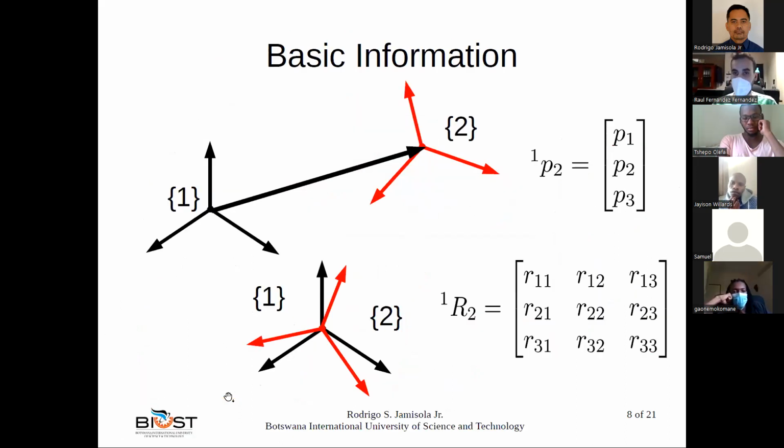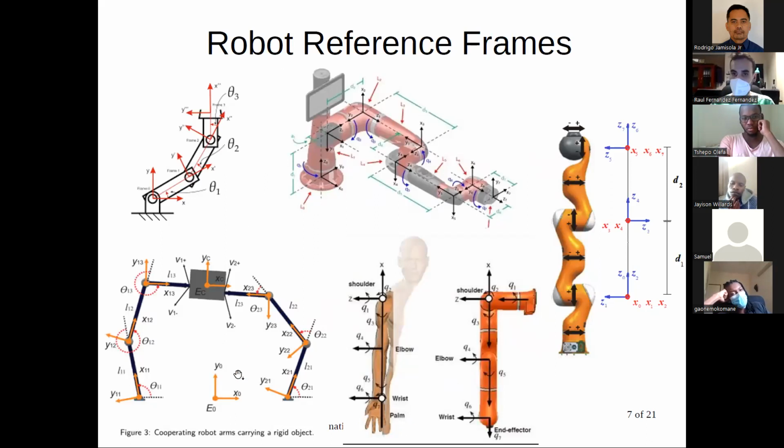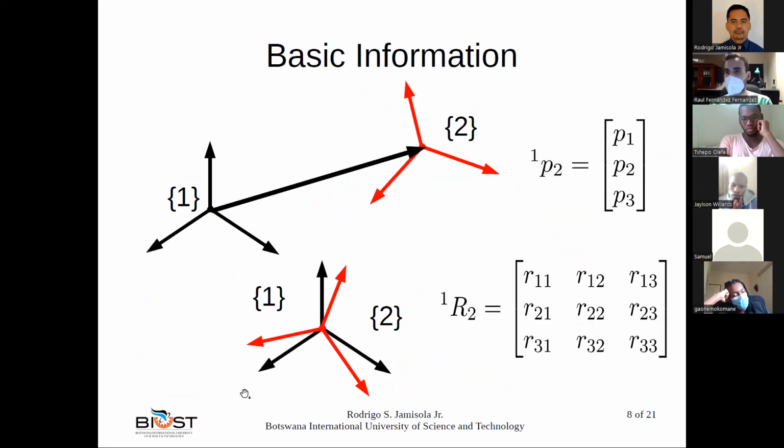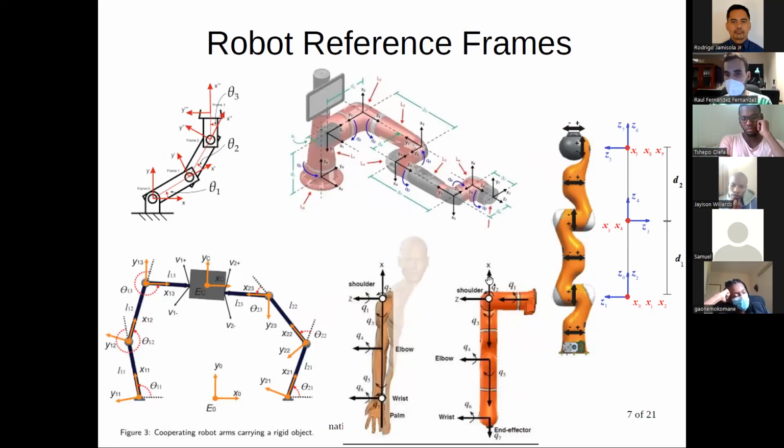So as I already told you, what we want to do is to define the coordinate system reference of all the joints with respect to the world base, which will be this one, or this one, or this one. This will be the same. So we want to define these joint coordinate systems with respect to the base reference.